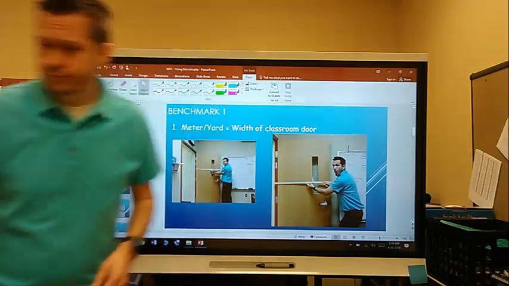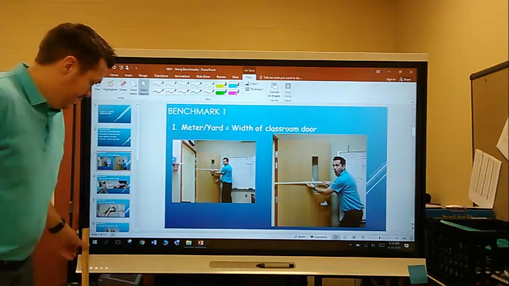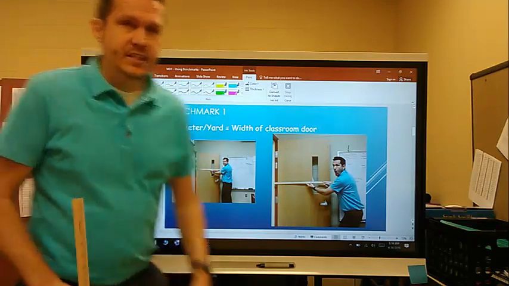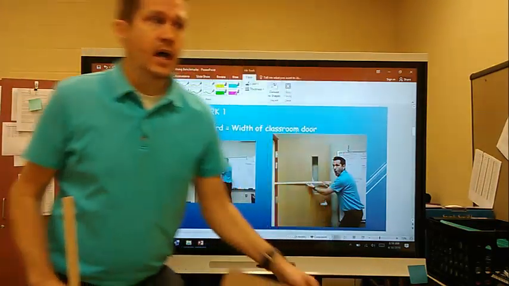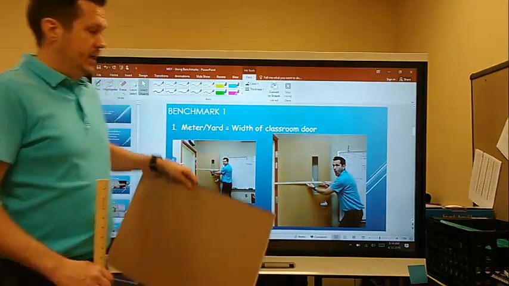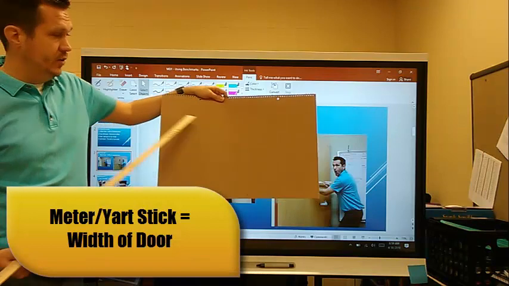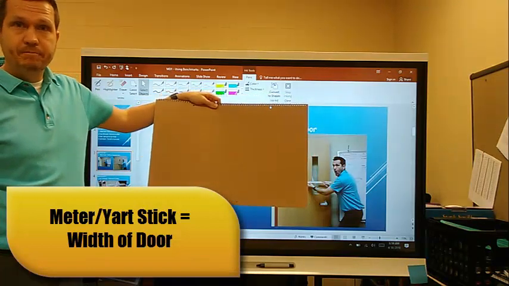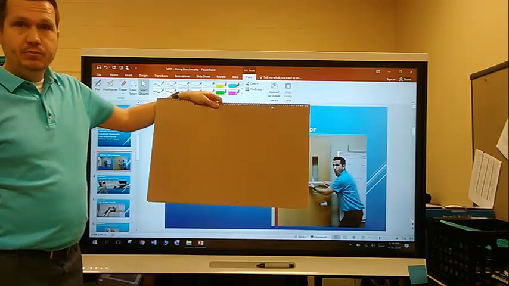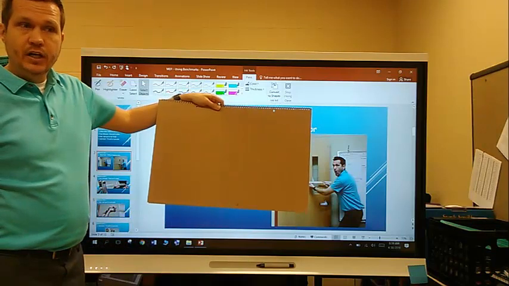For example, if I know an object is about the width of my door, I'm going to use a meter or yardstick. It's pretty big. So I know that I should probably use a meter or a yardstick.